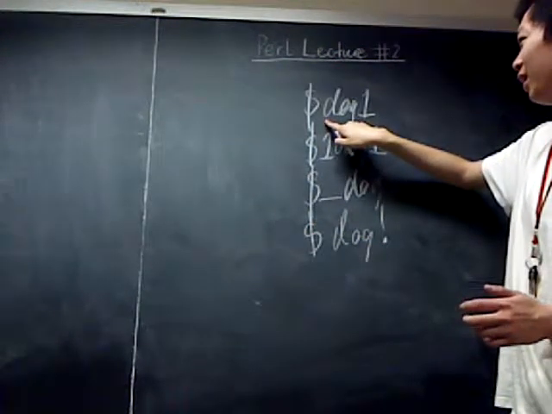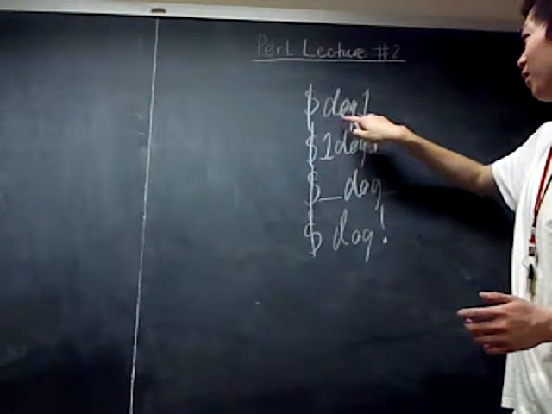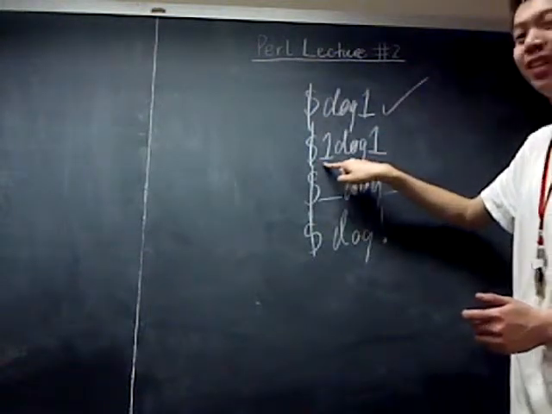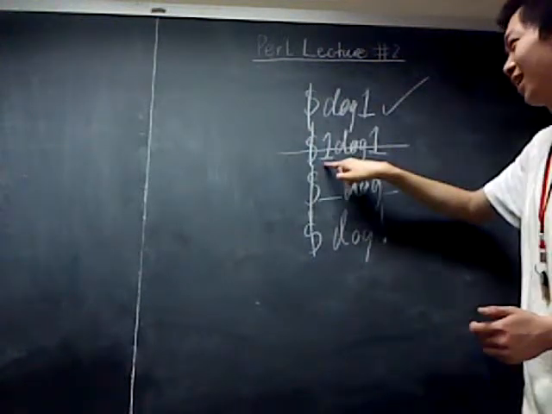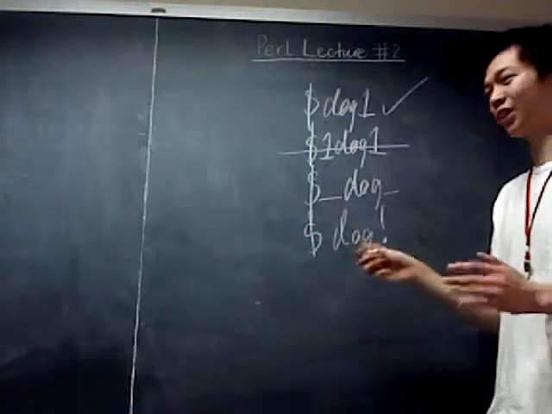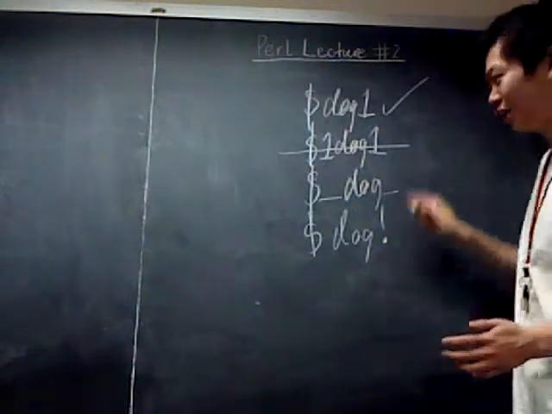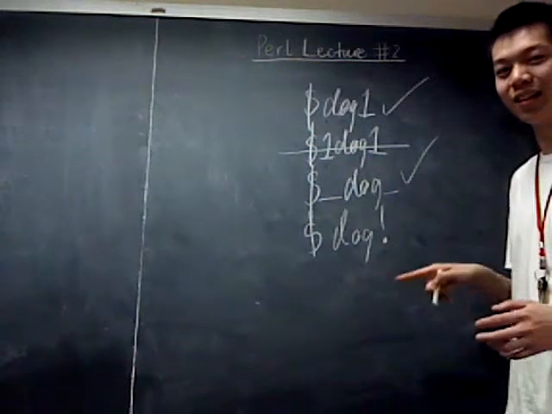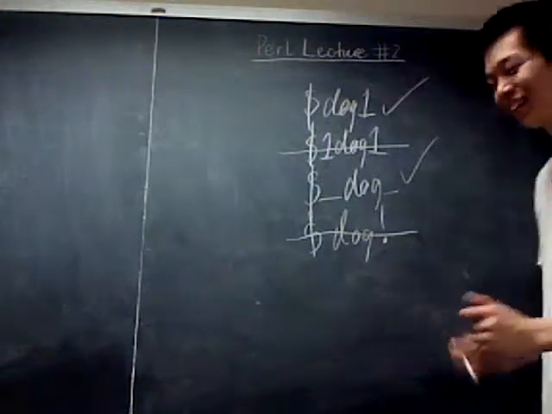It begins with a letter or an underscore and is followed by either letters, underscores, or numbers. So that's a check. How about this one? Nope. Doesn't begin with a letter or underscore. That's gone. How about this? Begins with an underscore. That's good. And is followed by either letters, numbers, or underscores. So that's a check. How about this one? Nope, that is not a letter, a number, or an underscore, so that's gone. That's just a quick brain teaser.